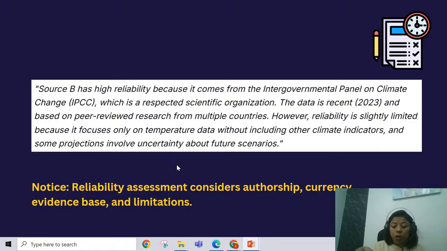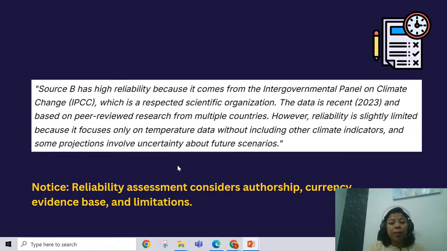Now, whenever you are asked to assess something, you should not be biased. You should not talk about only the points that support it. Rather, you should talk about the pros and cons of all the evidence mentioned in the source. Okay, and that is what is required. Here you're not supposed to give a very strong bias towards any specific part, either a pro or a con.